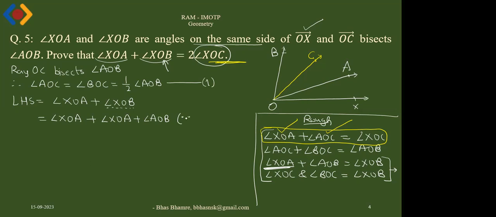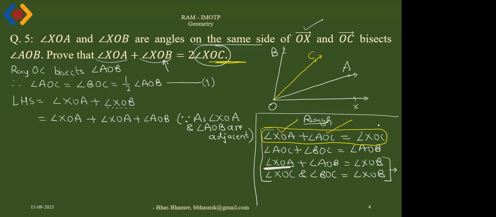And here I need to give the reason: as angle XOA and angle AOB are adjacent angles, we apply the angle addition axiom. If two adjacent angles are added, we get the third angle formed by their non-common rays with the same vertex. That is the angle addition axiom.